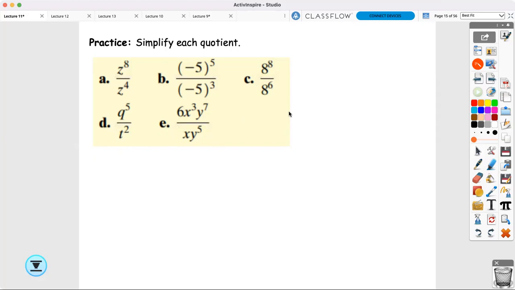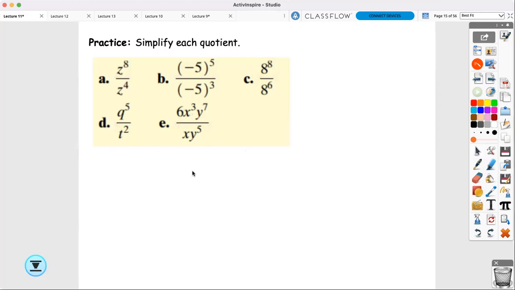Are there any questions or comments for E? We're just using the quotient rule twice, right? We're doing 3 minus 1 for the x's, which is 2, so it's x squared. And for the y, we're doing 7 take away 5, which is 2. And there you go, it leaves us with y squared.